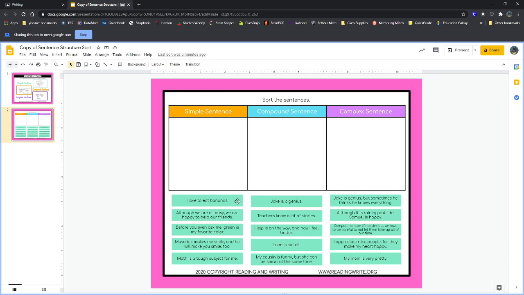I love to eat bananas. Who wants to tell me, what part of our chart do you think this belongs in? I love to eat bananas. Would this be a simple sentence, a compound sentence, or a complex sentence? Bailey, what do you think?